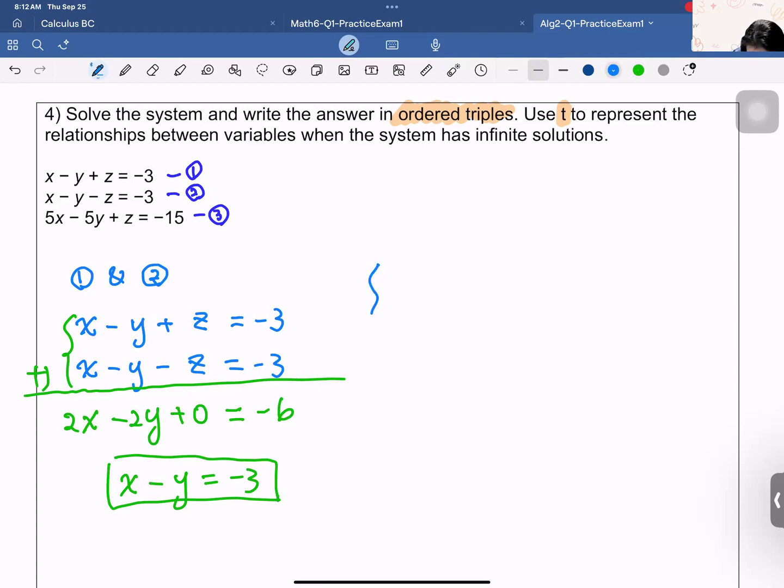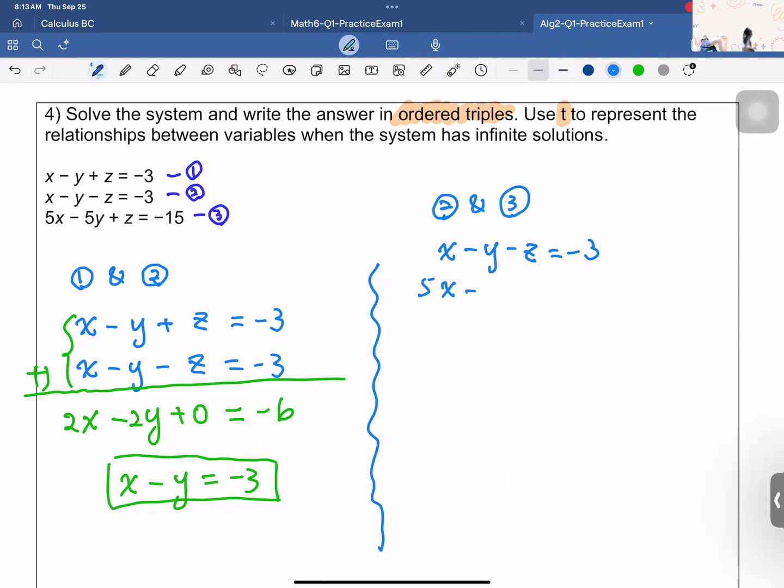Then I pick out equation 2 and 3. So first you use 1 and 2, then you use 2 and 3. Then you solve the equation that you learned from 1 and 2, which is this one, and then 2 and 3. So from here, I pick out 2 and 3. x minus y minus z equals -3. 5x minus 5y plus z equals -15.